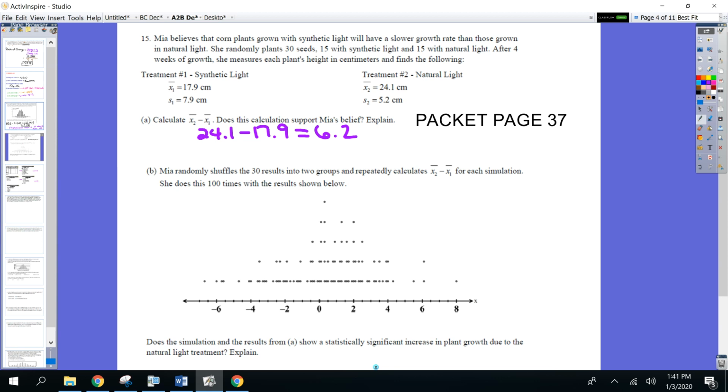So based on that calculation he just gave us, is Mia correct? Does this calculation only support Mia's belief? Yes. Why? On average. All right, I'm going to ask somebody, what's the 6.2 mean?